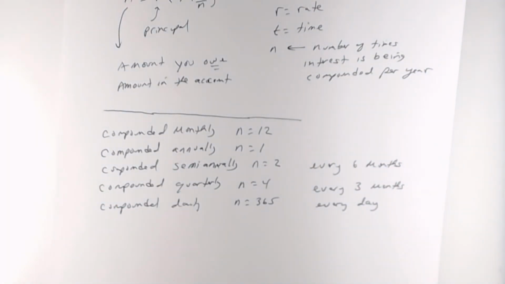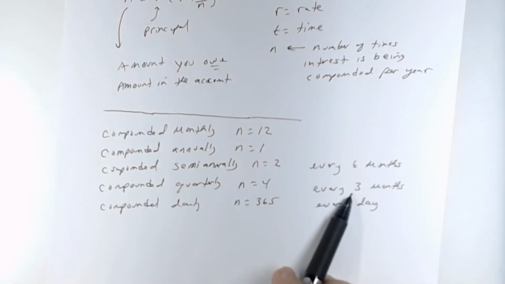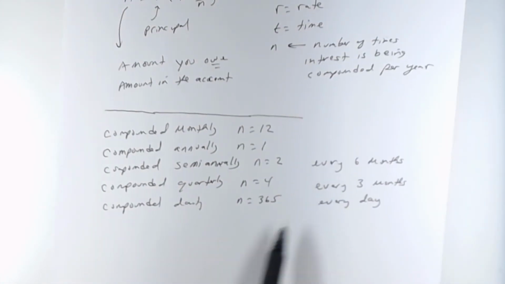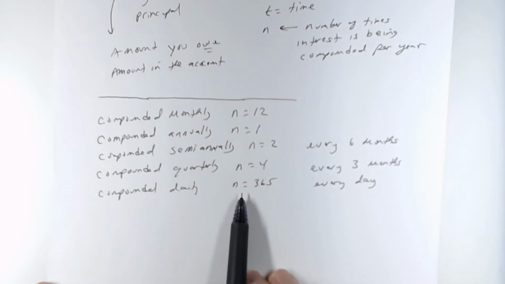Monthly means every month, so 12 months in the year. Compounded semi-annually means every 6 months, so N is 2. Compounded quarterly means every 3 months, N is 4. And compounded daily means every day, so N is 365.